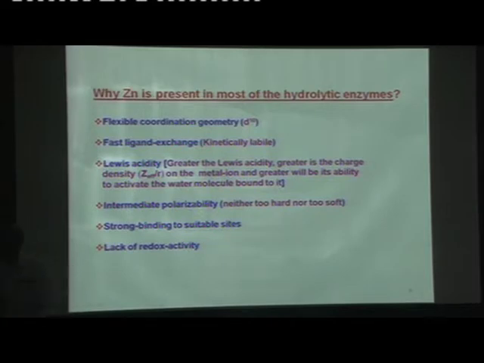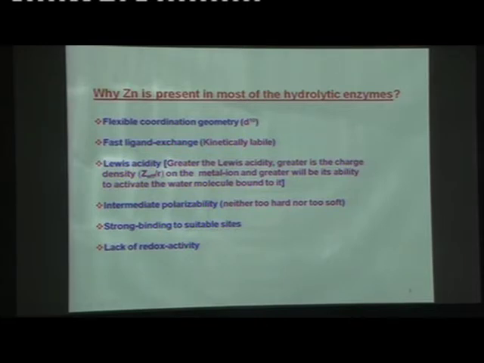So zinc is the best Lewis acid, and that is one of the reasons why nature chose the zinc 2 plus ion to do the job of hydrolysis compared to other metal ions. Zinc has a smaller size, so the effective positive charge on the zinc ion is the maximum. Then you have a water molecule.